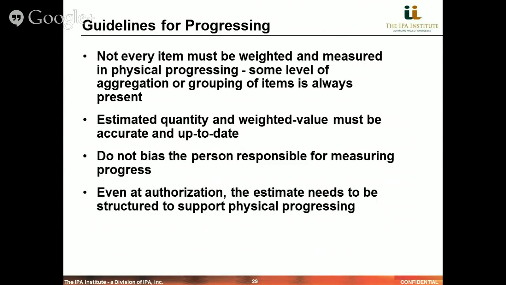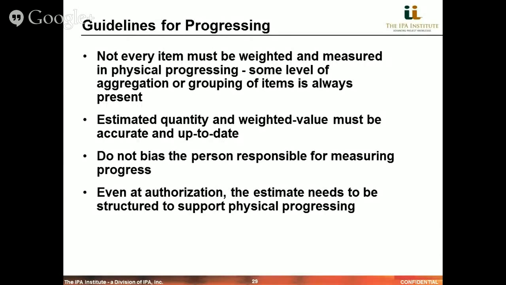But the estimated quantity and weighted value needs to be accurate and up to date. And ideally, you would not have anyone biased involved in the process who would be responsible for measuring that progress. Depending on the region of the world you're in, some use quantity surveyors in this process, and others may follow a different mechanism than staffing to get this done.